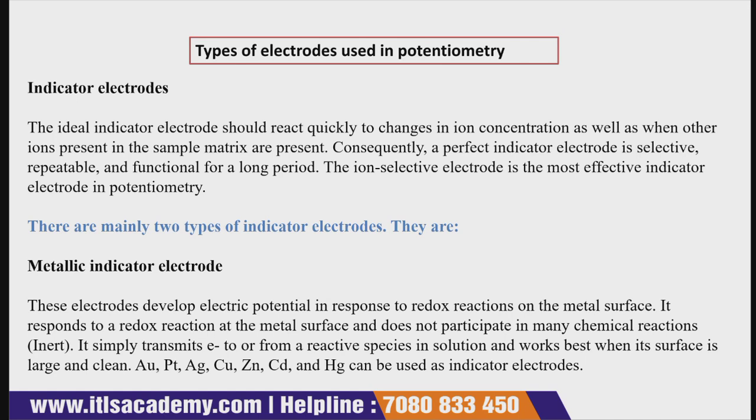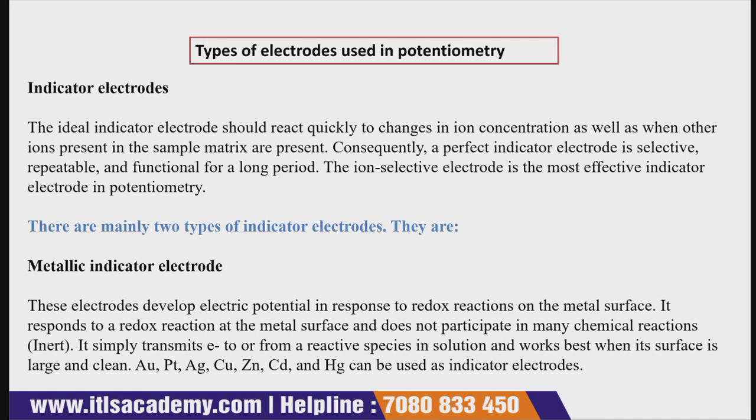A perfect or ideal indicator electrode is selective and repeatable, and it functions for a long period of time. The ion selective electrode performs its work very well, so it is a very effective indicator used in electrode potentiometry.